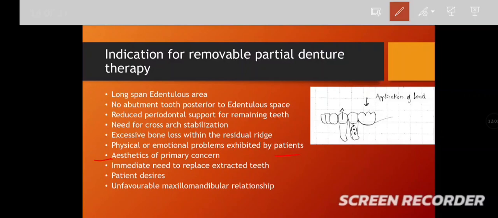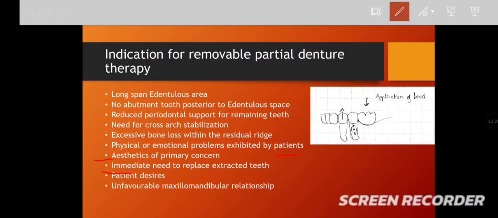Next is immediate need to replace extracted teeth. Here you can use RPD more readily than FPD, because when we immediately extract, there will be some amount of ridge resorption as time goes. So with removable partial denture, you can add on resin and maintain the function of the teeth.